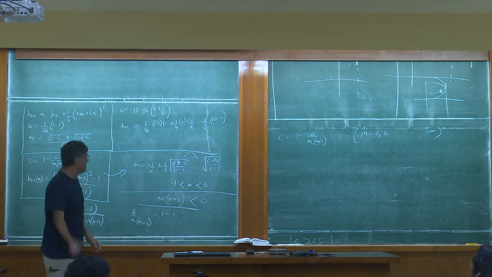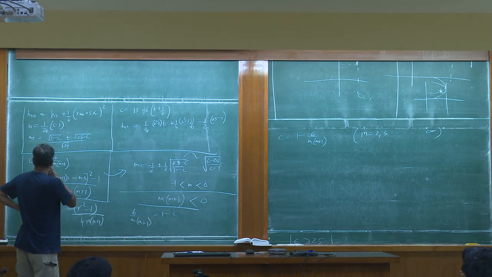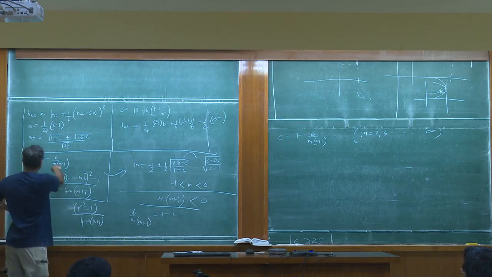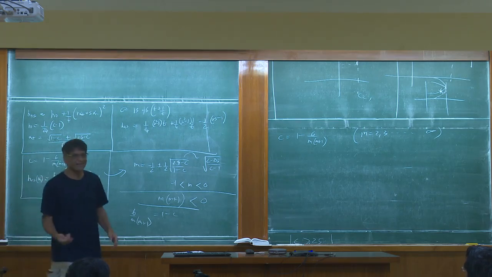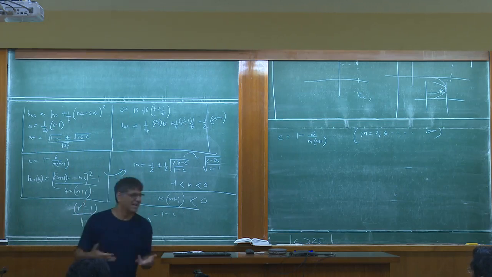So we've got to notice also that when m is equal to 3, we get 3 into 4. Yeah, exactly. When m is equal to 3, we get C equals half. This is the Ising model.